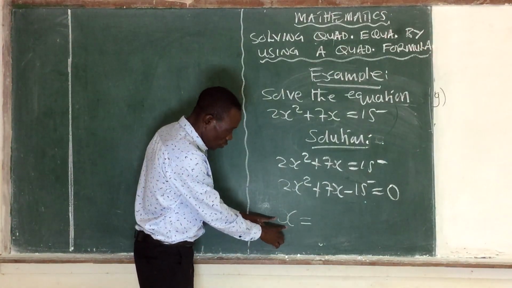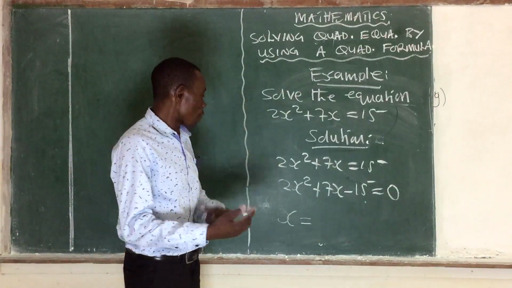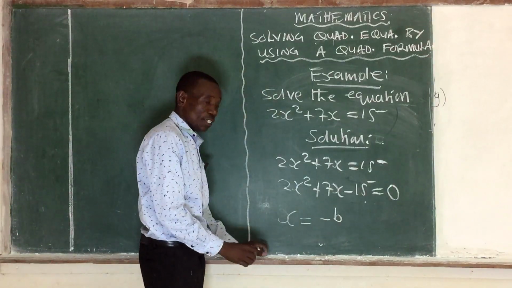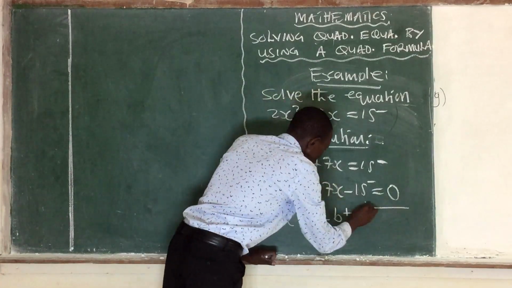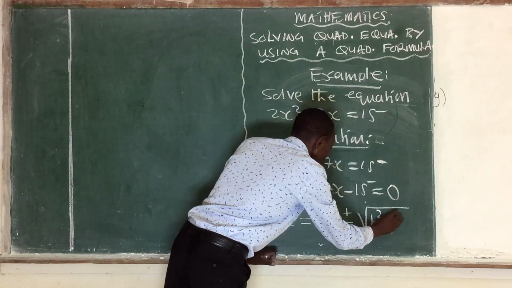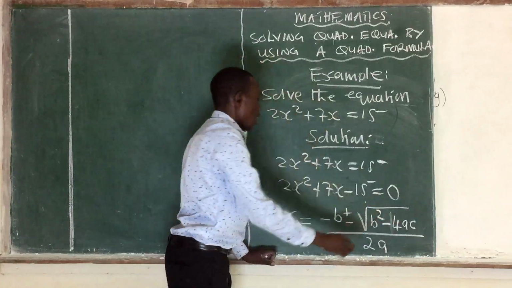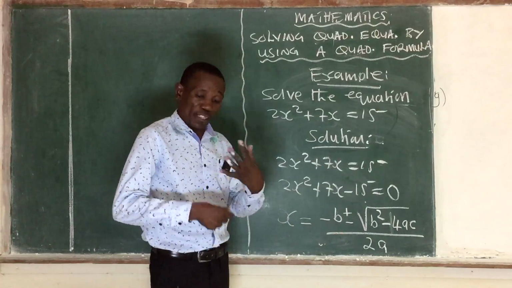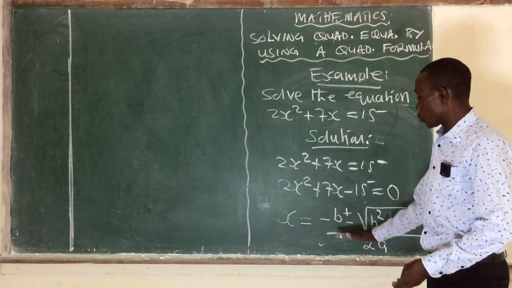Here x is used because the equation has the variable x. So x is equal to negative b plus or minus the square root of b squared minus 4ac, divided by 2a. We are all aware of how this formula comes about, since we covered it in the previous video.